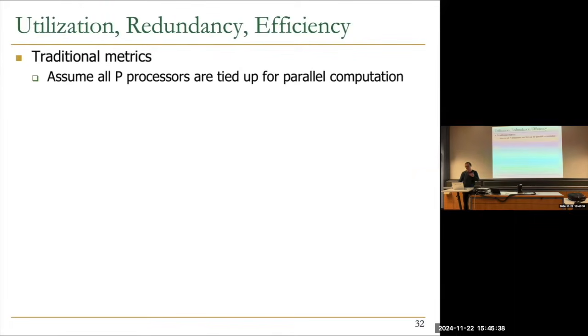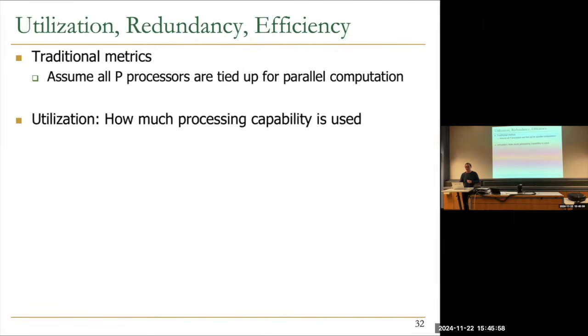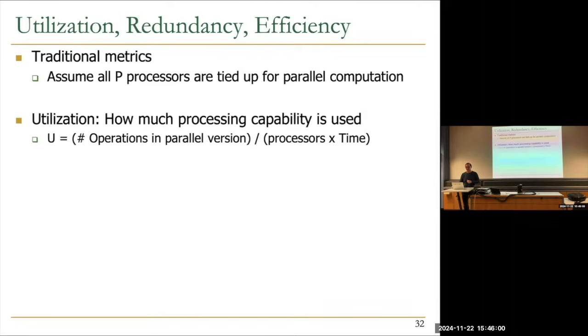Okay, so I will also mention some metrics over here. There are some traditional metrics that we use to evaluate processors, multiprocessors. And these metrics assume all P processors are tied up for parallel computation for some amount of time. We still have time, okay. Utilization is how much processing capability is used.